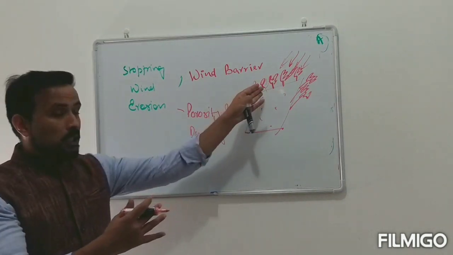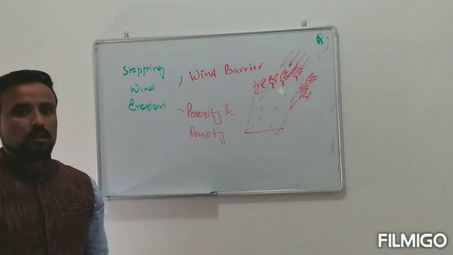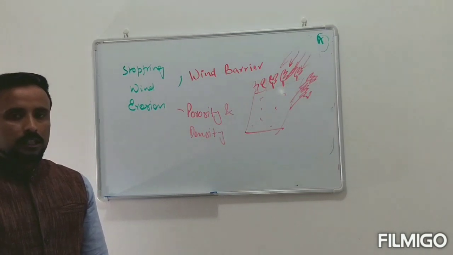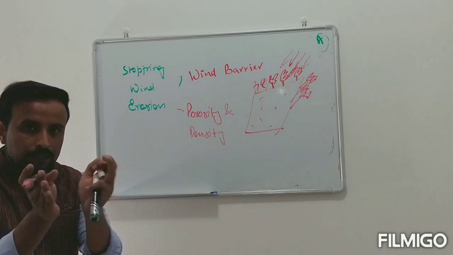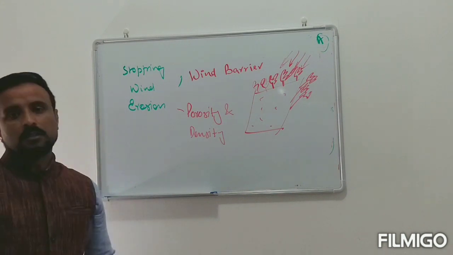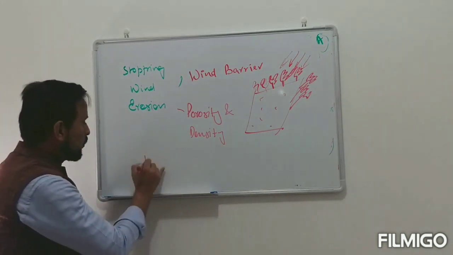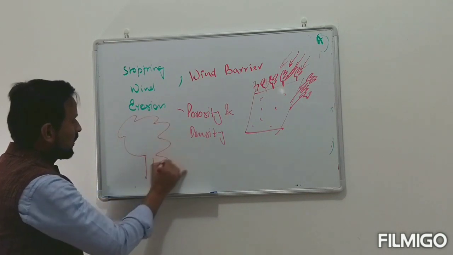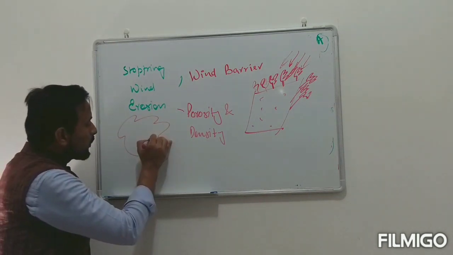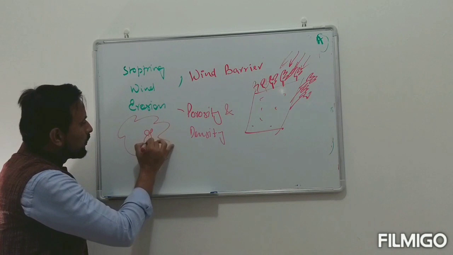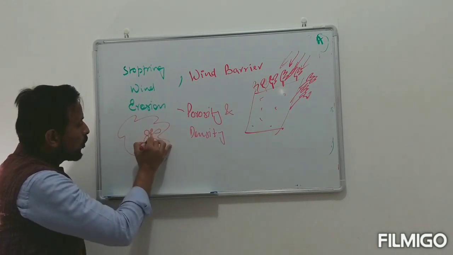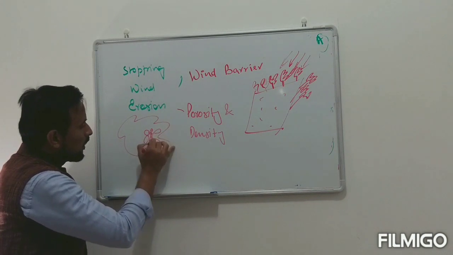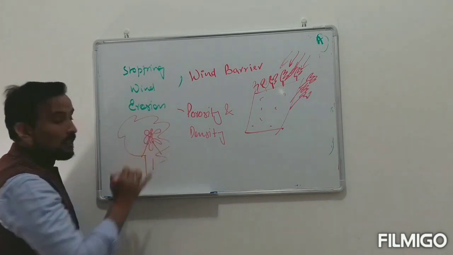So density and porosity: if the canopy of the trees is there, how much is the pore space between leaves and branches, right? Suppose this is a tree, so how much is the pore space between, suppose this is one leaf, two leaf, three leaf, four leaf, five leaf, six leaf, here, right?